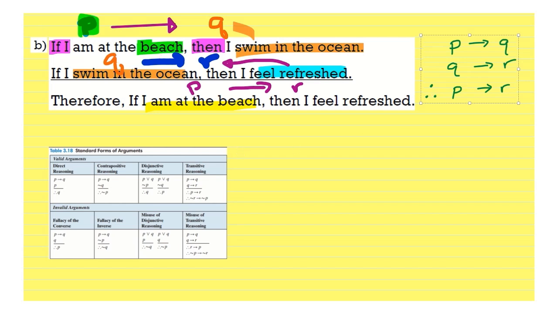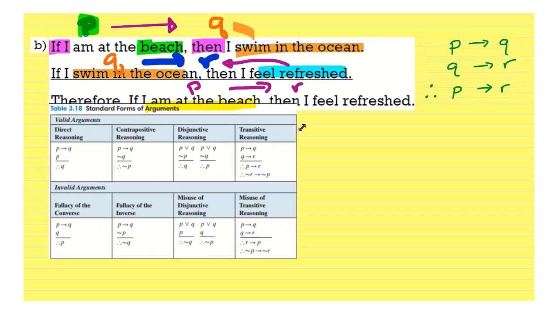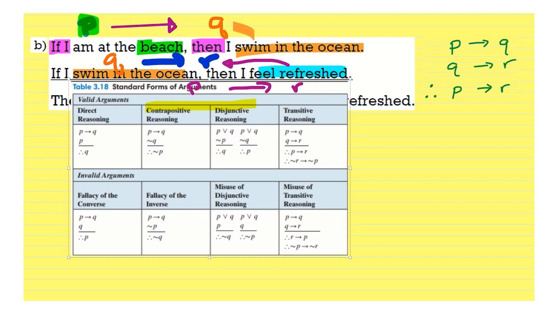We're going to look at our chart here and see if we can match this up. So again, I like to start at the bottom. We've got if P, then R. So I'm going to look for, oh, there's if P, then R. Anything else? Nope, that's the only one that matches. And then we go back up. If Q, then R, and our original if P, then Q. So that is where it matches.